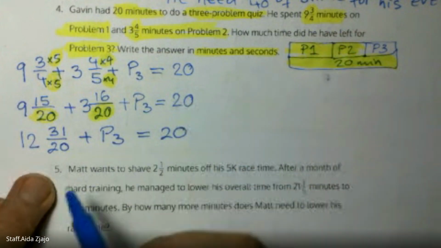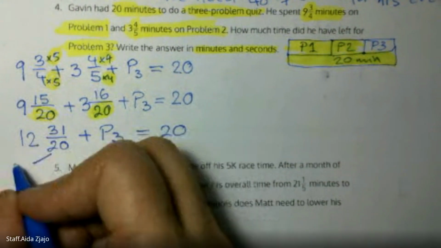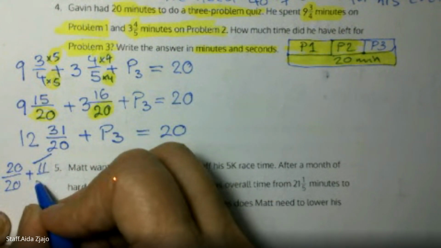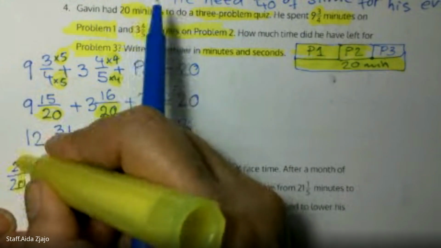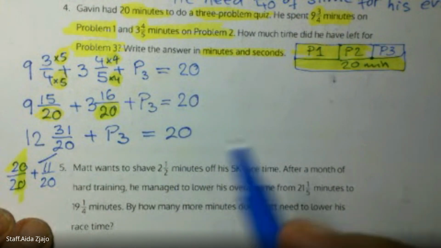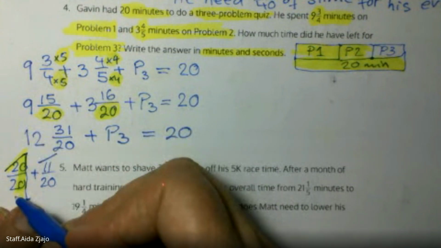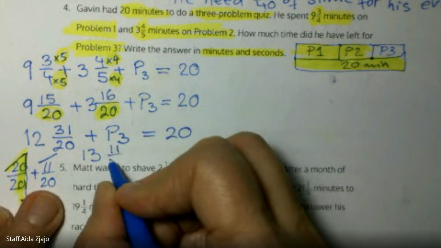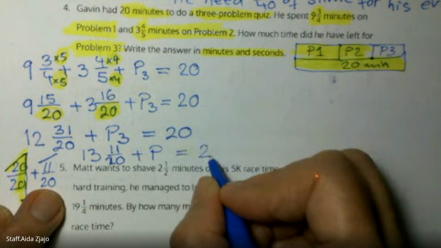Now thinking of this 31 20ths, if we decompose that, it's 20 20ths plus 11 20ths. So 20 20ths is the whole, and 11 20ths is left. So 12 wholes plus 1 whole makes 13 wholes, and 11 20ths plus p must equal 20.